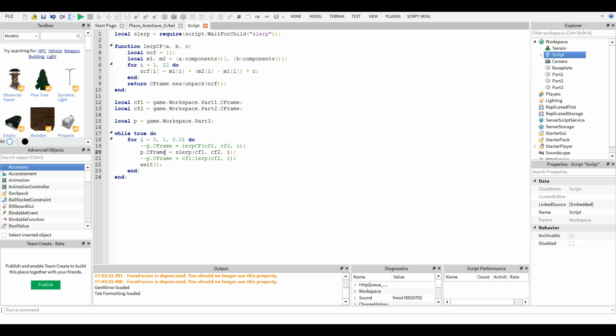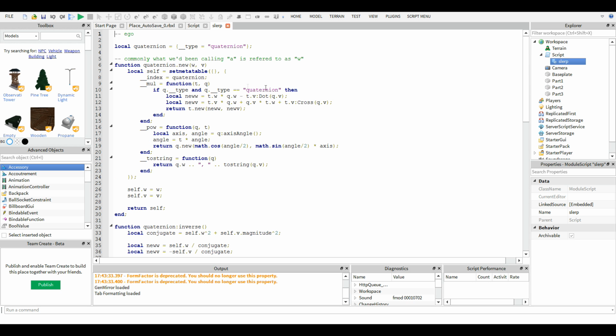So let's actually go into the code so you can understand what's happening. First thing, we're doing a quaternion class here, and that's just some object-oriented programming. It requires two things: a W and a V. The W is actually what we've been calling A so far. It's just more commonly written as W. I kept it as A because A, B, C, D is what's commonly used as the coefficients in the imaginary number, so I figured there's no point in changing it to W until the end, because why make things more confusing than they have to be.